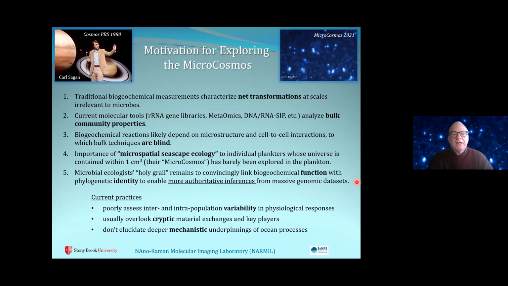The current molecular tools, like ribosomal RNA gene libraries, metaomics, DNA, RNA, SIP, et cetera, are analyzing largely community properties, where many of the interactions we're interested in are at the level of individuals and populations. Biogeochemical reactions are occurring in microenvironments. They involve cell-to-cell interactions. And many of the techniques that we've used traditionally are blind to these interactions.